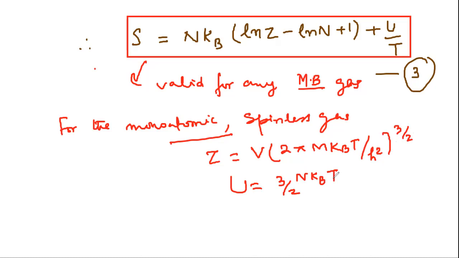We have showed it. Z is equal to V times 2 pi m kBT by h square whole raised power 3 by 2. U is 3 by 2 N kBT.